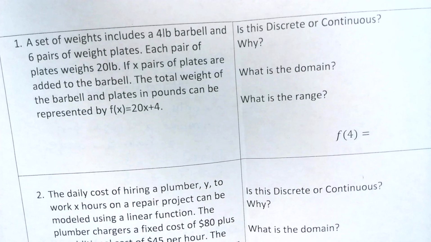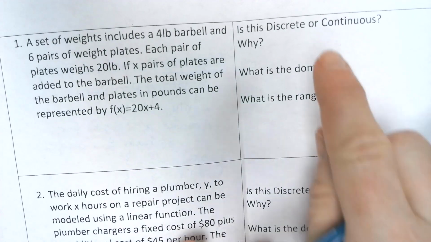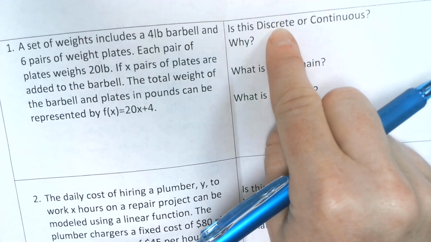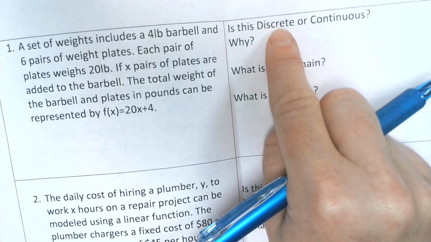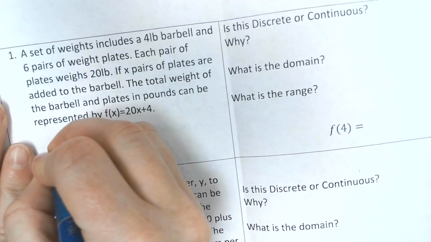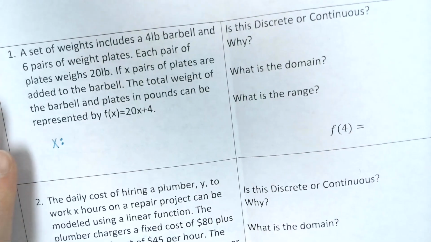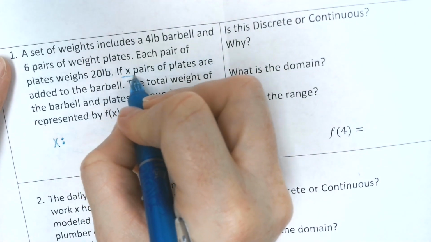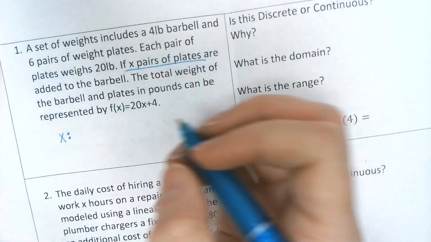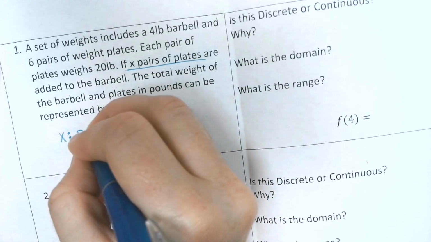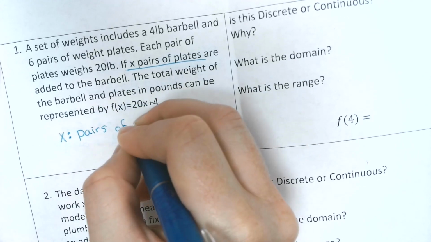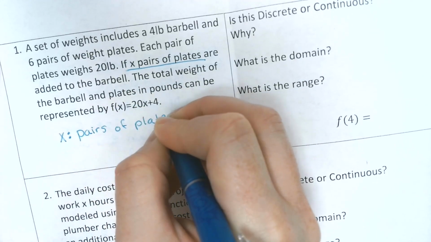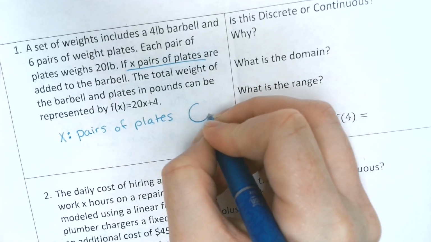We need to determine, is this discrete or continuous? So discrete means only whole numbers. So we need to talk about what our variable is. What is x represented? X pairs of plates. So x would be pairs of plates. So it's like, y'all know what the weights look like.